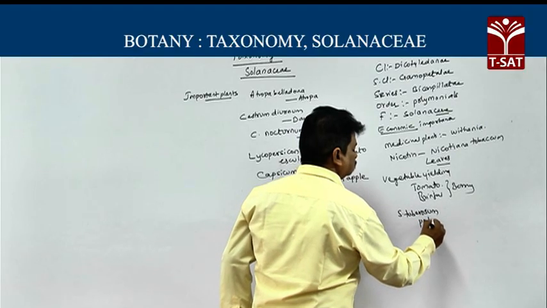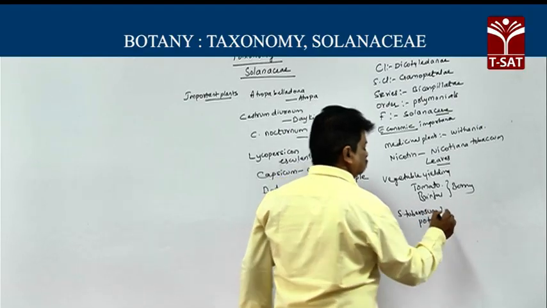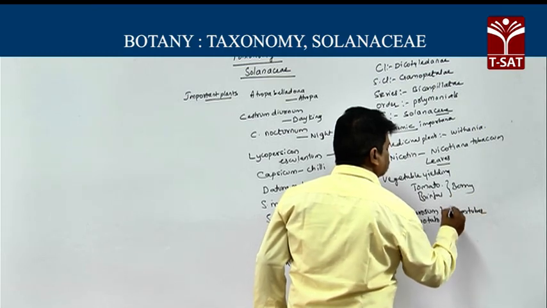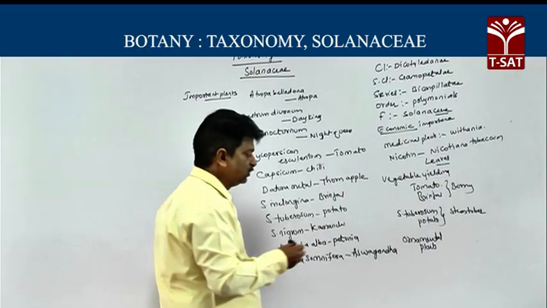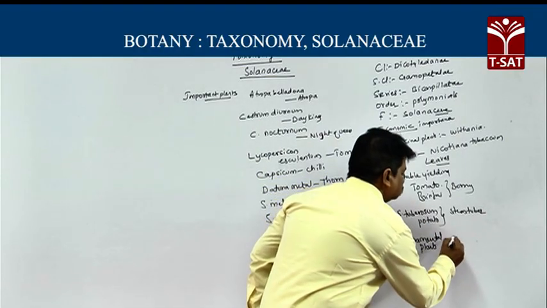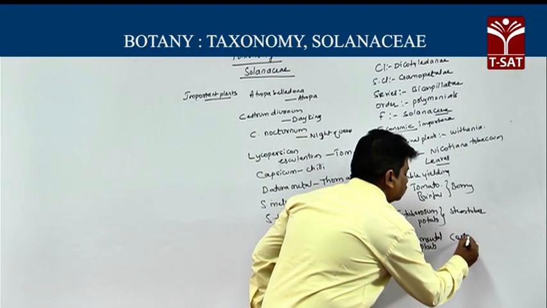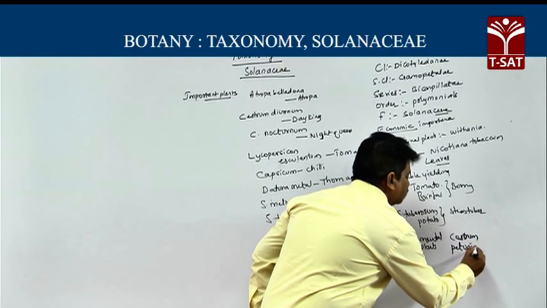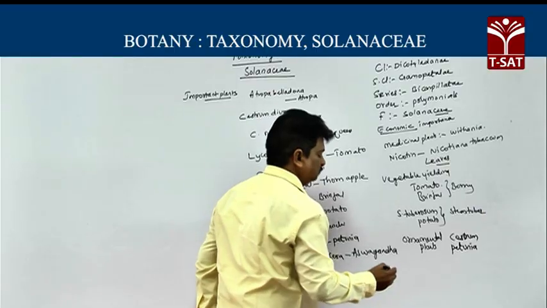Then Solanum tuberosum, potato, stem tuber. Next one, ornamental plants. Ornamental plants, one is Cestrum and second one is petunia.